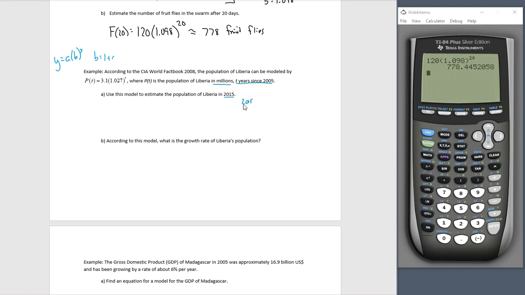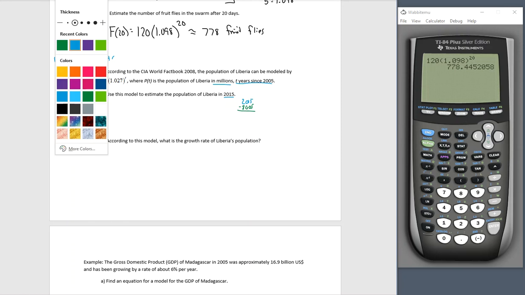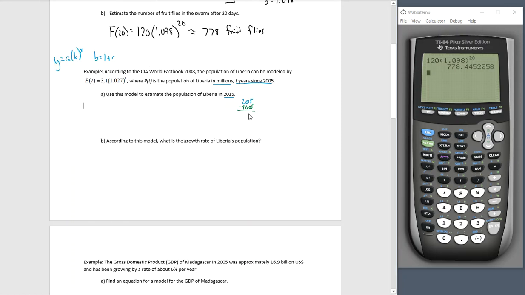There we go, 2015. If I subtract my start of 2005, I'll end up with a t-value of 10.